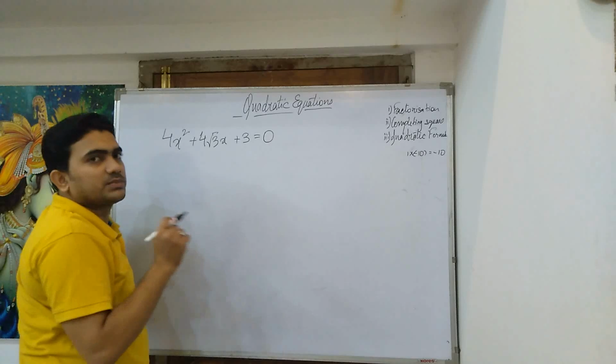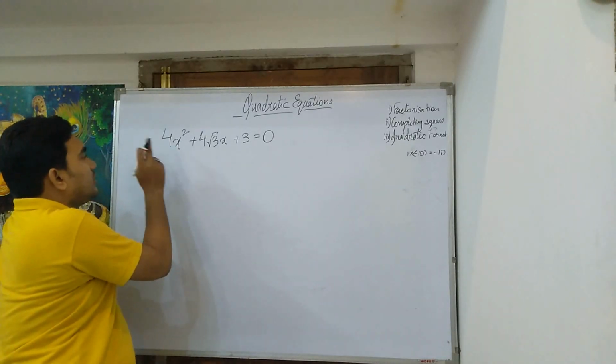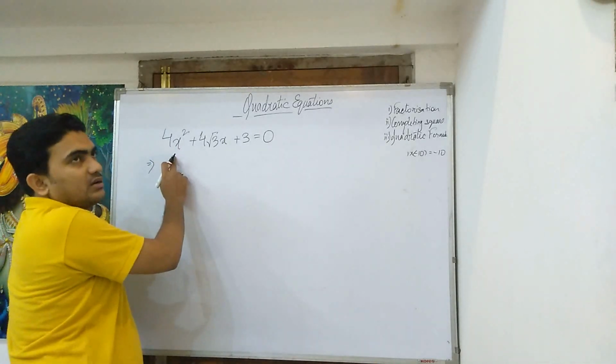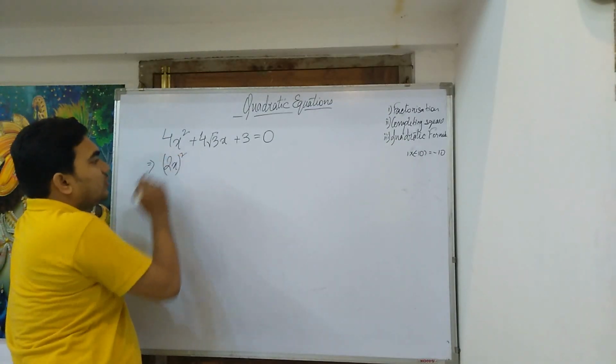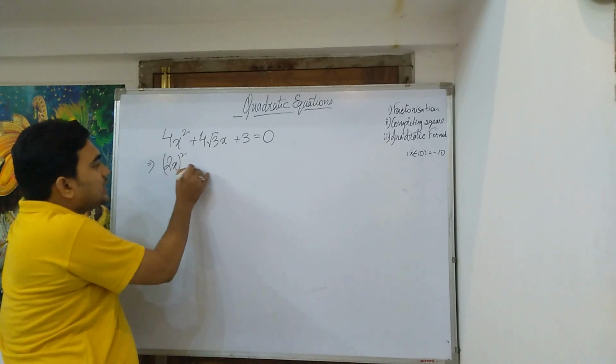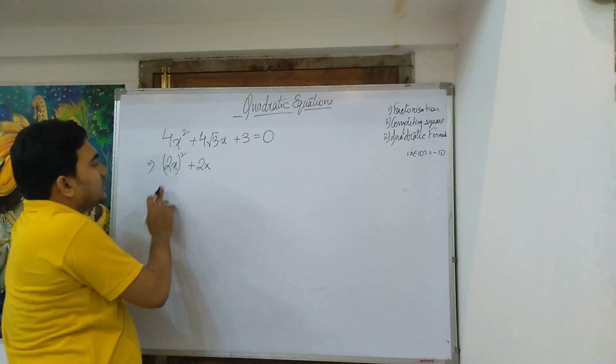We will start with the simple thing. First of all, 4 is a square of a natural number, so I can write it down as 2x whole square plus 2 into a.